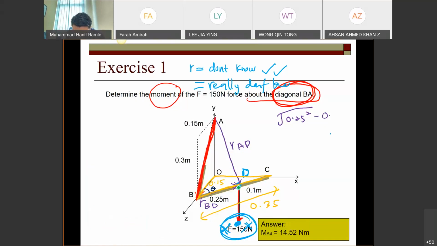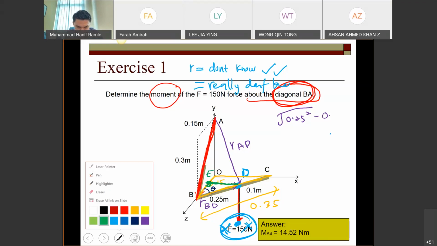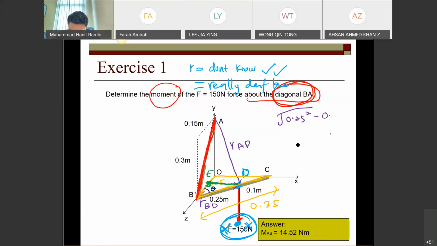This line is perpendicular. Why do we have to use this line? Let's say I put this point as E. Why do we have to determine this ED? Because RBD can be written like this.